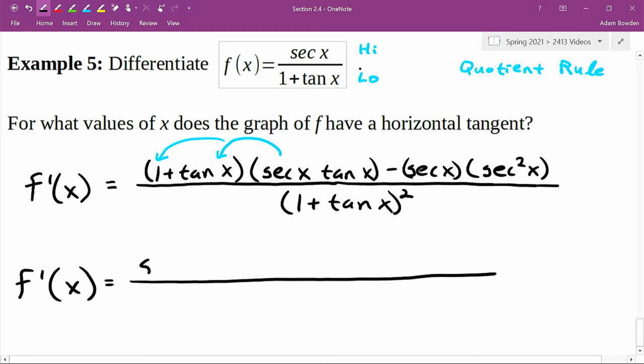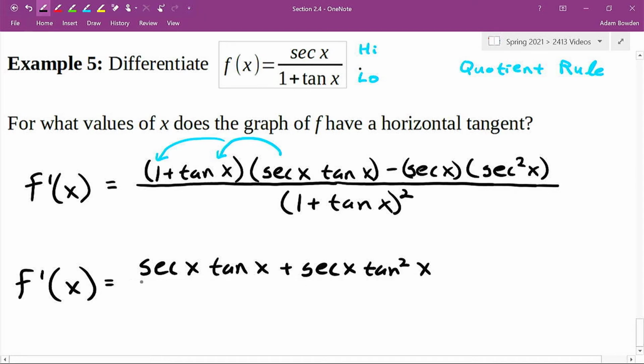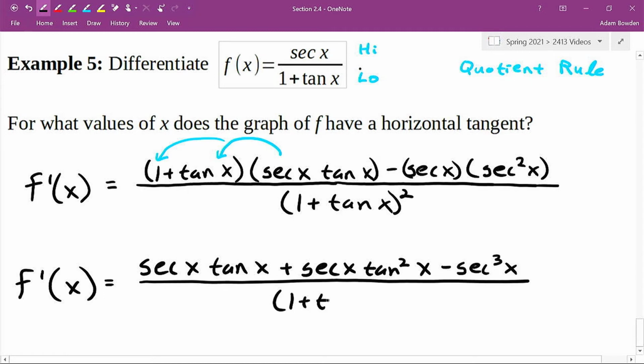It'll look like secant x tangent x plus secant x tangent squared x minus secant cubed x over the denominator.